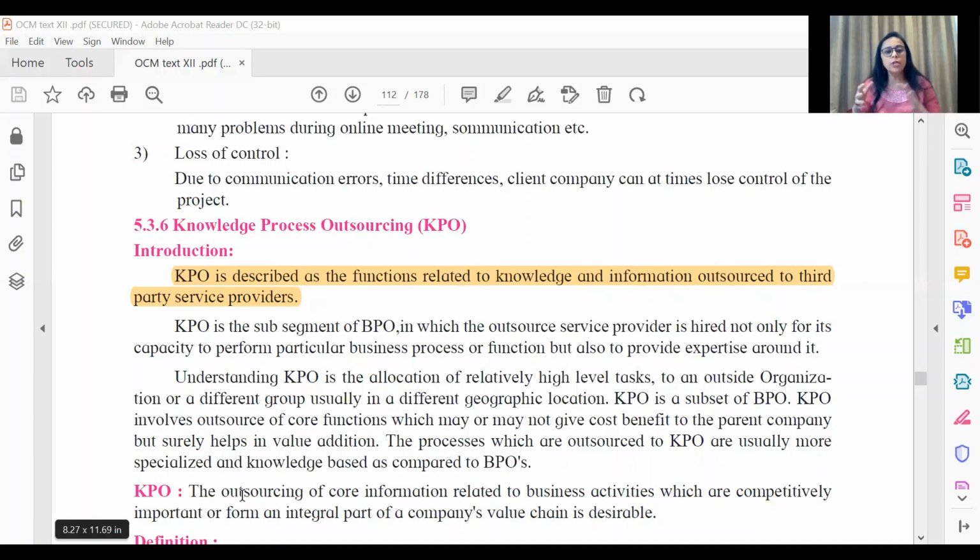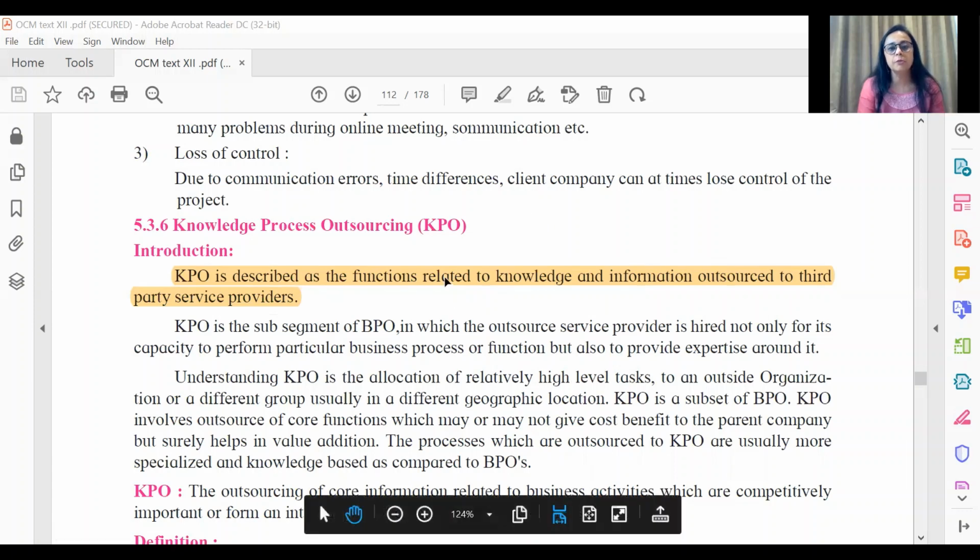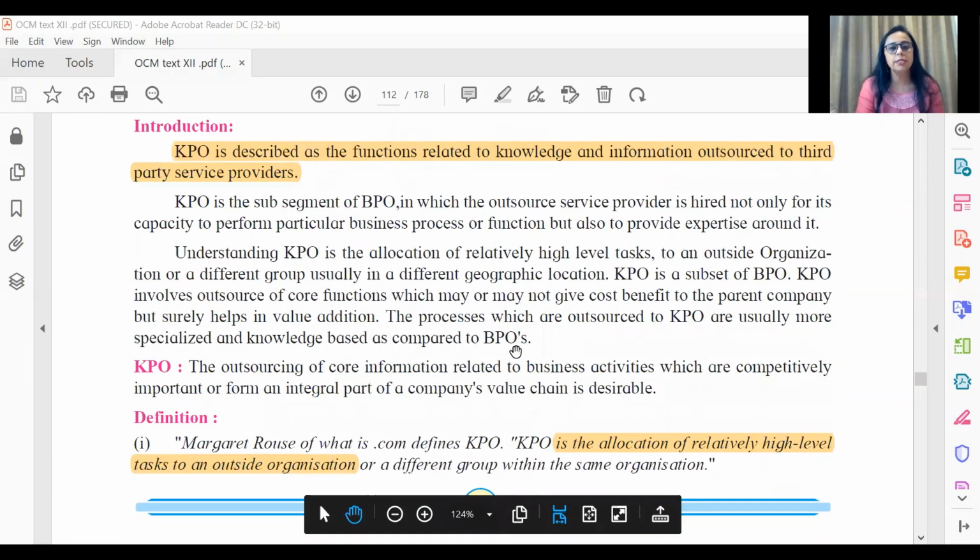Your own engineers are not going to look after it. So that is called knowledge process outsourcing. You have outsourced this particular task, and you're paying them an amount. There is an agreement contract between the companies, and those are the 2 important keywords. Please remember, it is related to knowledge and information that is outsourced.